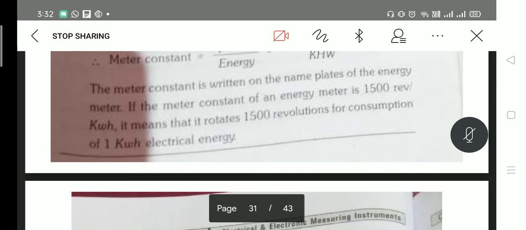Here the meter constant is 1500 revolutions per kilowatt hour. We can see this in the energy meter: revolutions per kilowatt hour. On the nameplate we can see this rating, like 1500 or 300 or 600 revolutions per kilowatt hour.